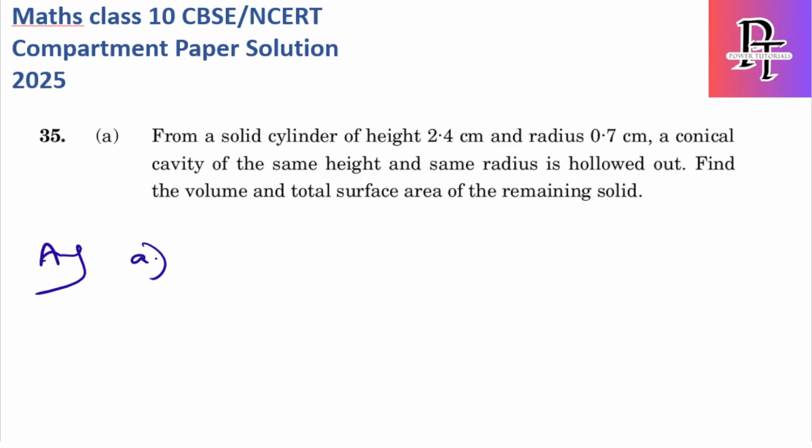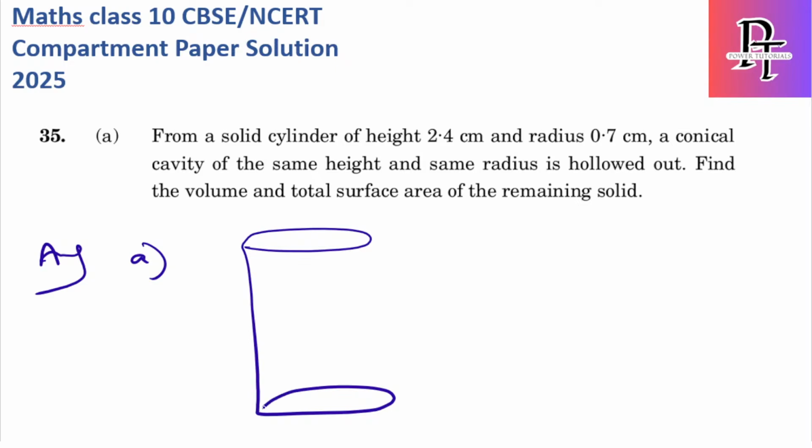From a solid cylinder of height 2.4 centimeters and radius 0.7 centimeters, a conical cavity of the same height and same radius is hollowed out. Find the volume and the total surface area of the remaining solid. Okay, so we have a cylinder. What they are saying is the cylinder height is 2.4 centimeters, radius is 0.7, a conical cavity.